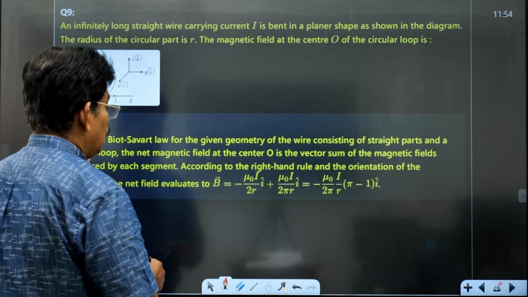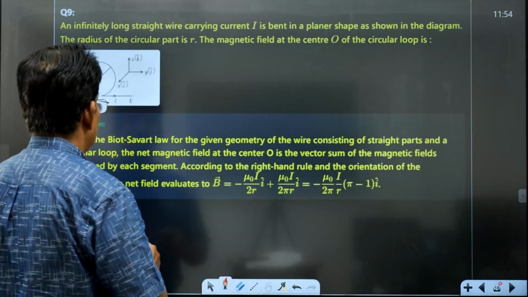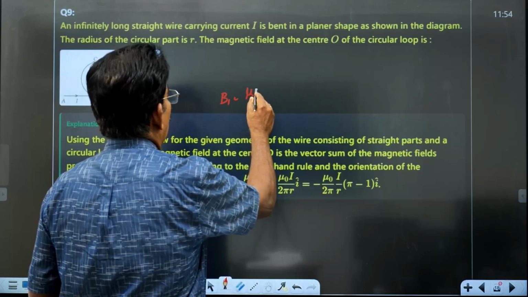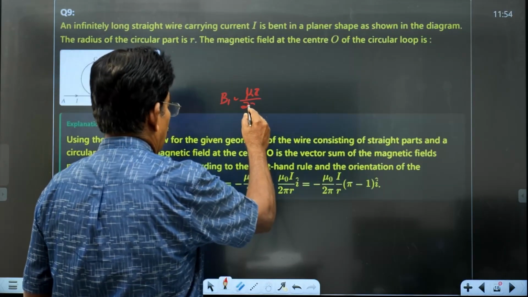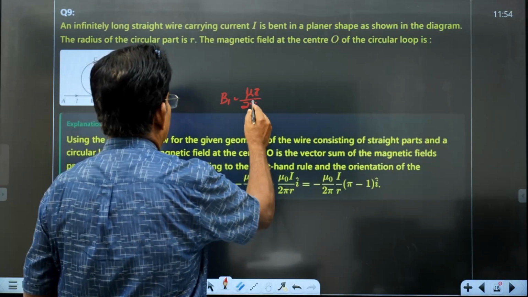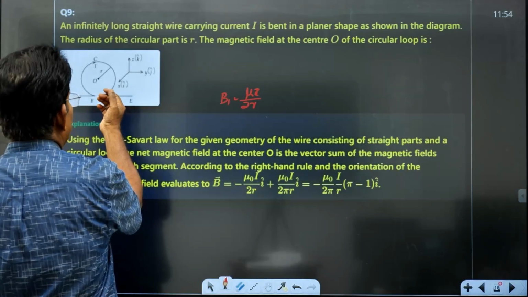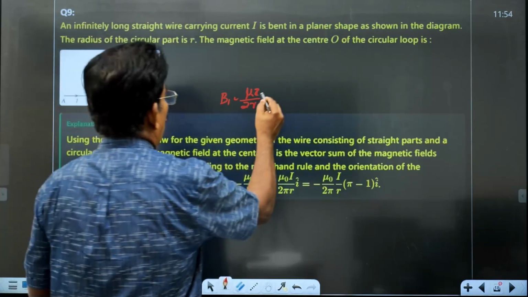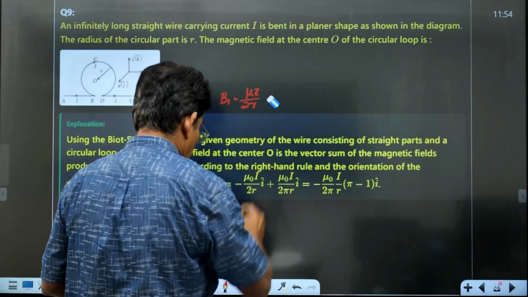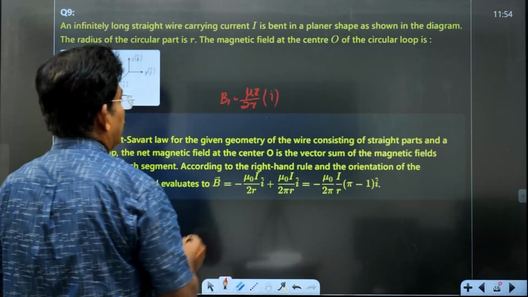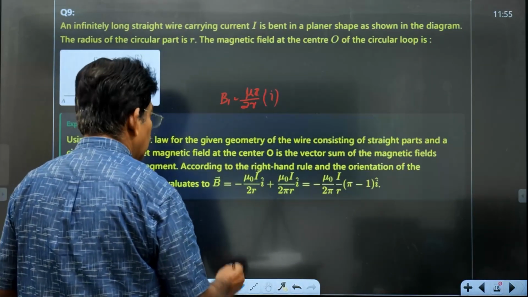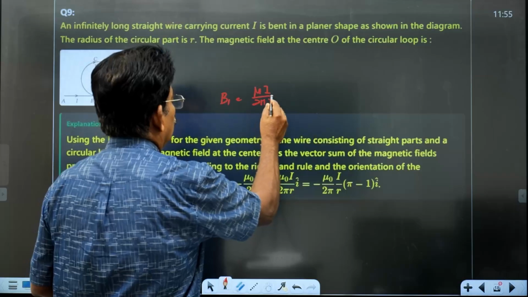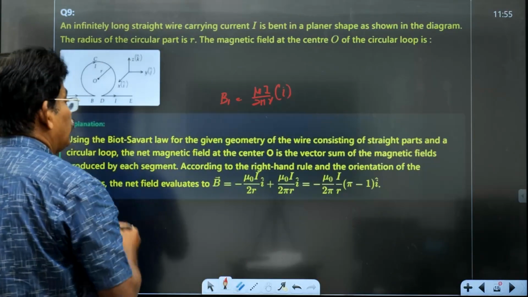Now, due to the straight portion, I say B1, the field due to the straight portion is mu 0 I divided by 2 pi r. Getting out of the plane of the paper means along the positive x direction.